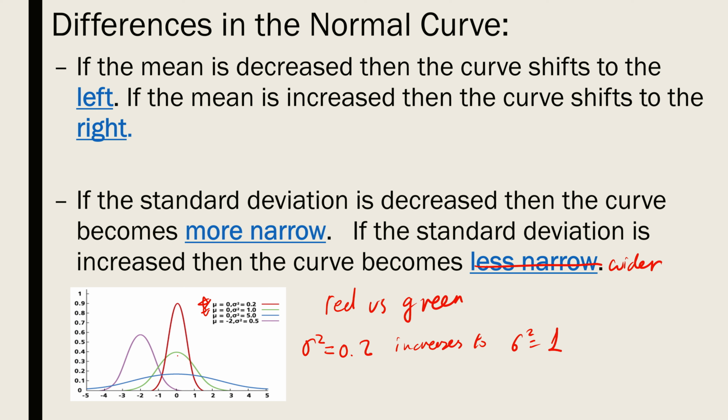So if you compare the green curve to the red curve, you can see the green curve becomes wider. So if the standard deviation is increased, then the curve becomes wider. This is what we call narrower. The green one is what we call wider.